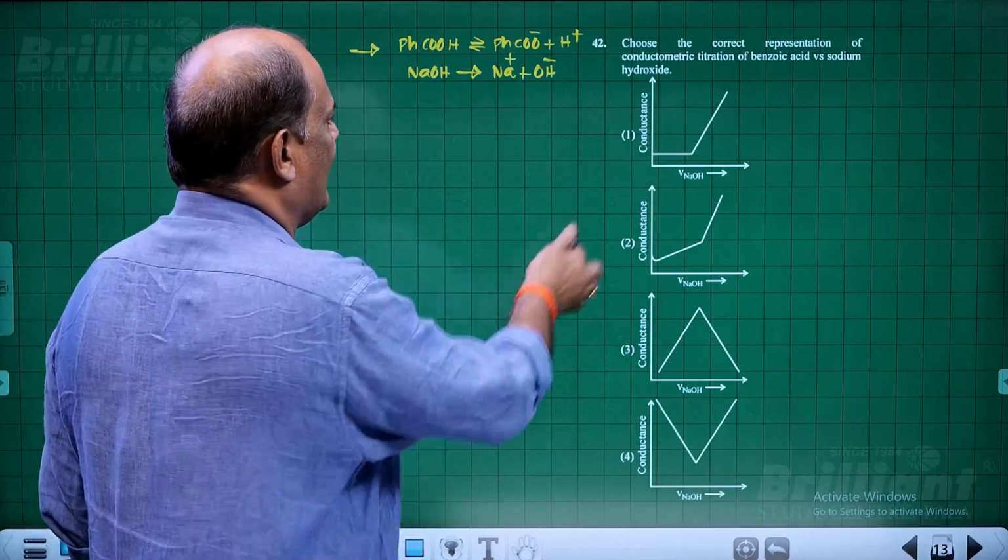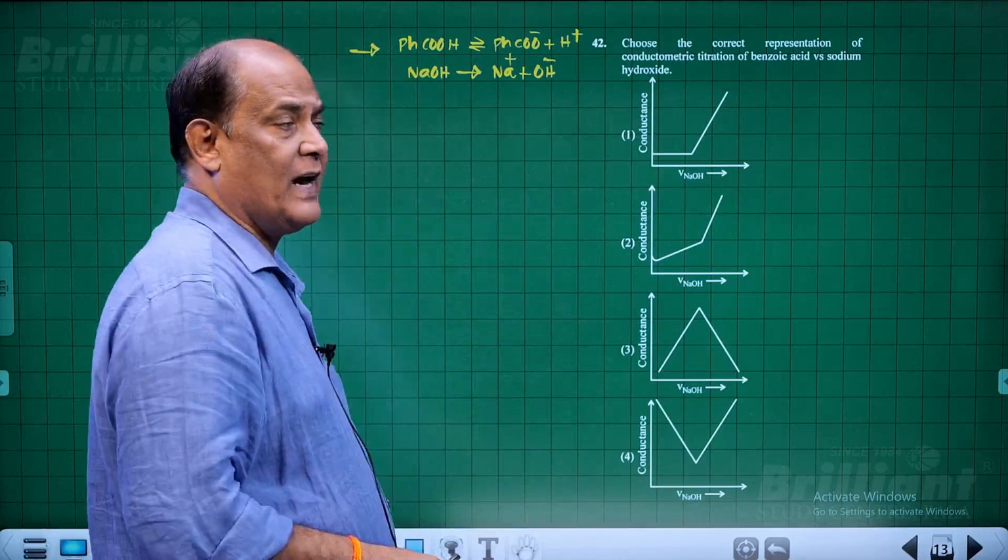So here, the first one, conductance versus sodium hydroxide added.